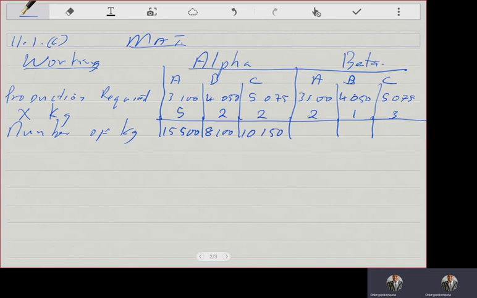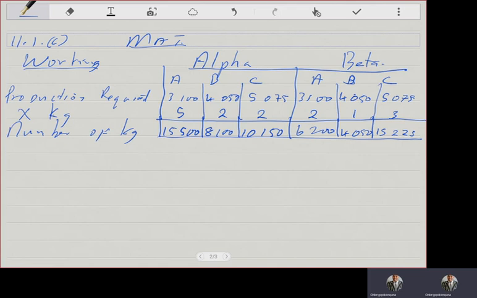Again, 3,100 times 2 will be 6,200. Then this one won't change, same 4,050, and you've got 5,075 times 3. On this side, you've got 15,225. So these are the number of kgs, guys, that we're looking for.